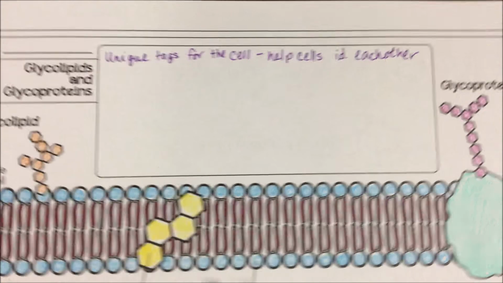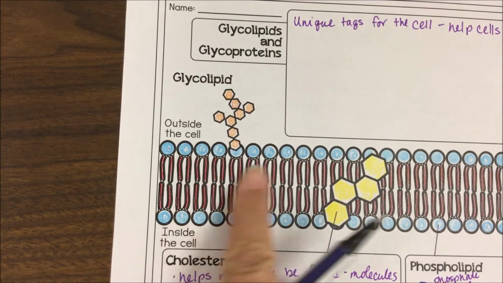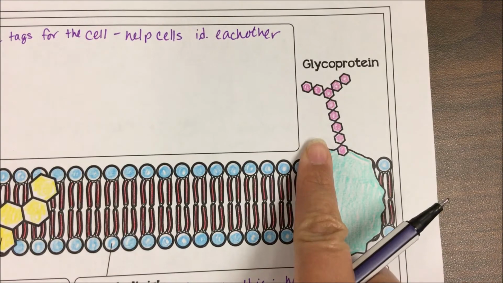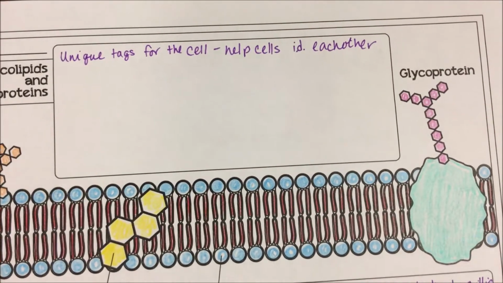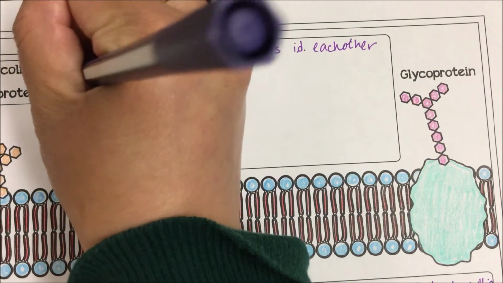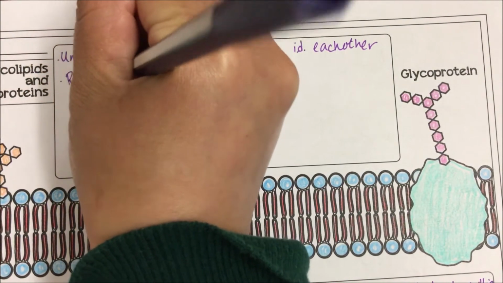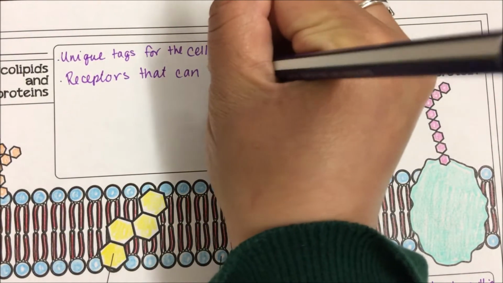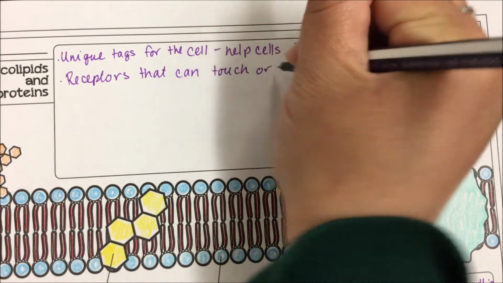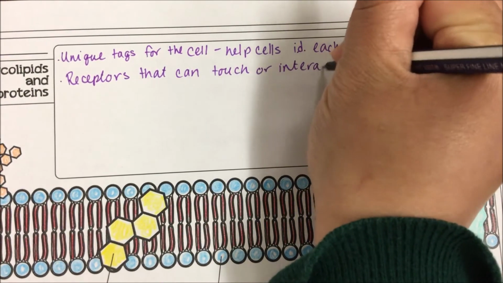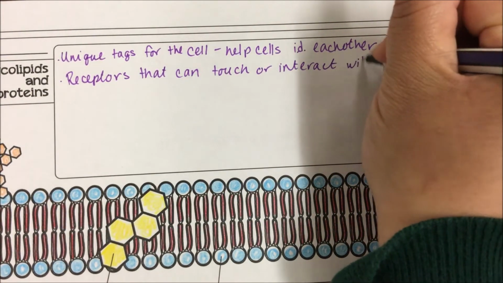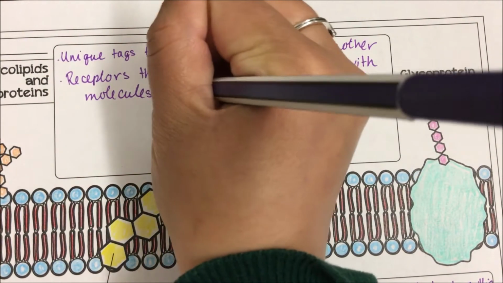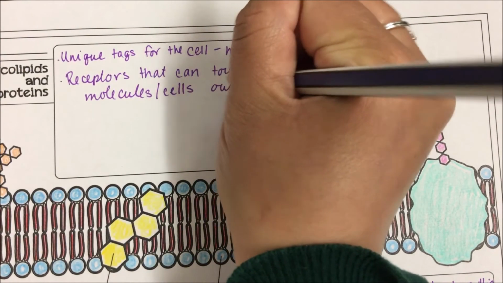And so what's special about these, if you notice, okay, this is the outside of the cell. That's where this glycolipid is at. Same thing over here for this glycoprotein. It's facing the outside of the cell. And so essentially what these are receptors that can touch or interact with molecules or cells outside.